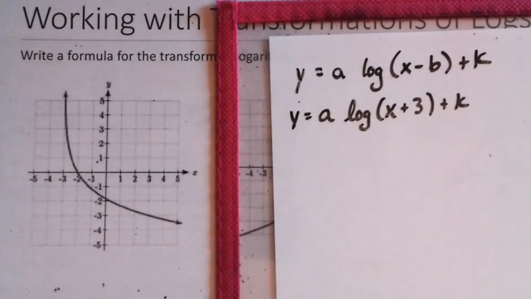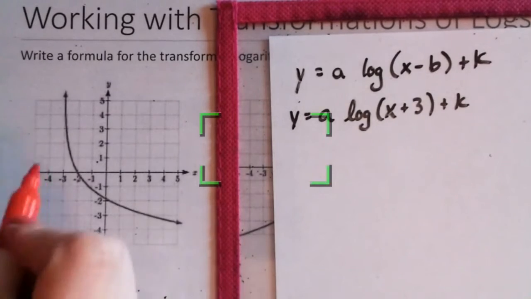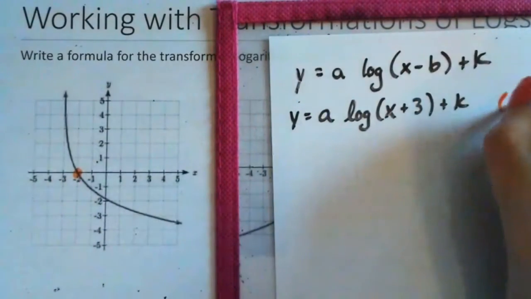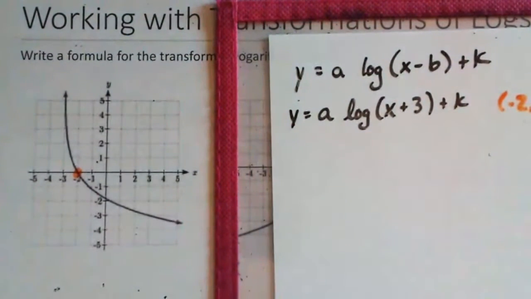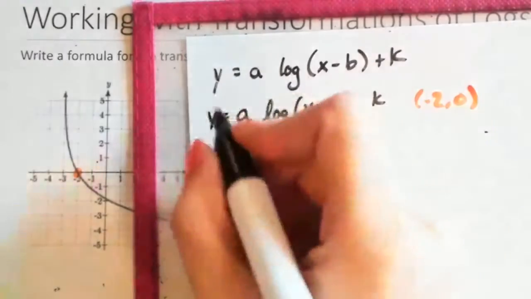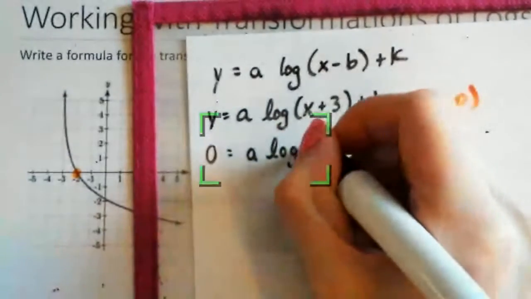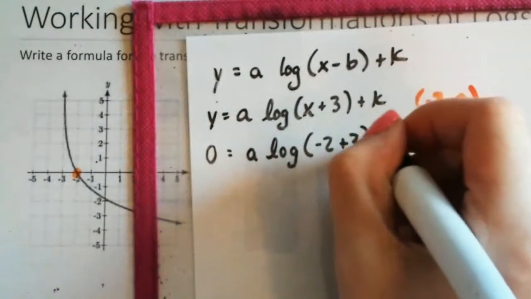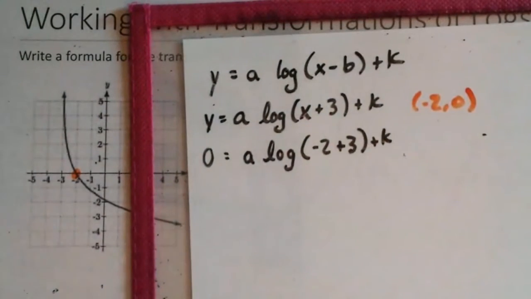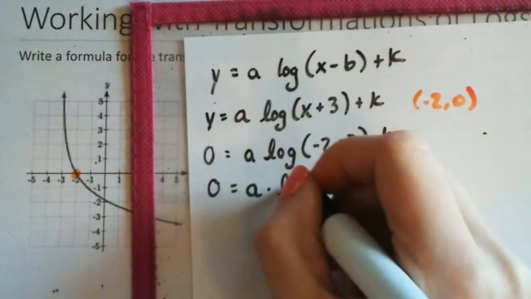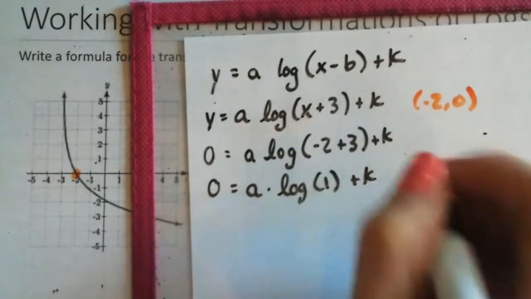Now I'm going to use other points on the graph to help me figure out what a and k are. I'm going to start by using my horizontal intercept, which is at -2, 0. So I'm going to plug that in to what I have. That'll give us 0 is equal to a times the log of -2 plus 3 plus k. -2 plus 3 is 1. So 0 equals a times the log of 1 plus k.